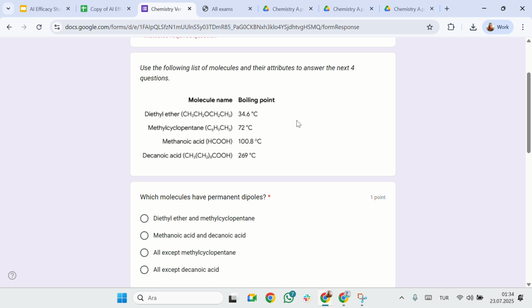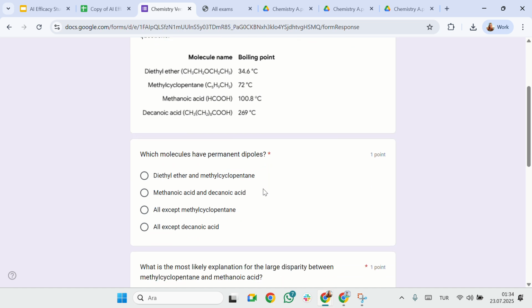Okay. I don't remember that. It should have these two or these two, I think.